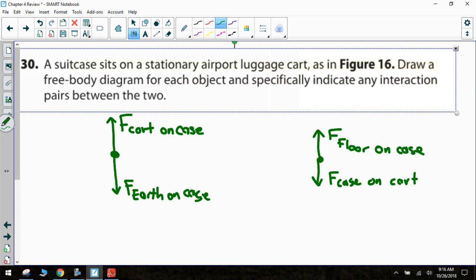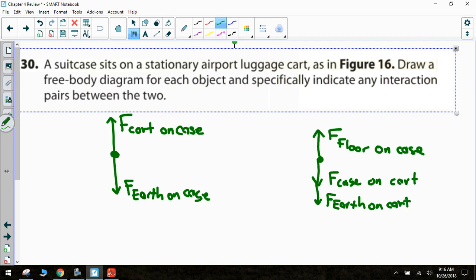Is that everything that's on this? That's everything it's touching, right? But there's still another force, isn't there? What field force is acting on it? Gravity. So I still have this force going down, the force of the earth on cart.